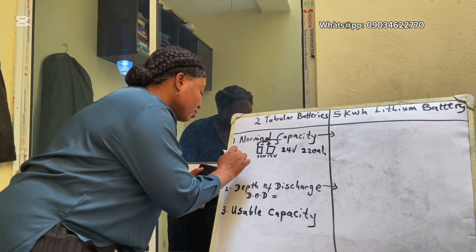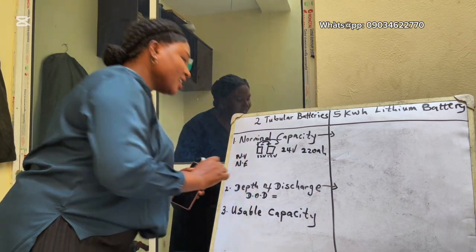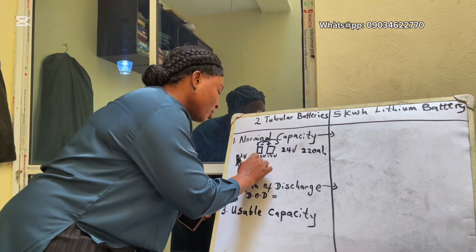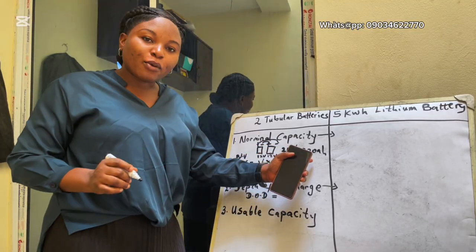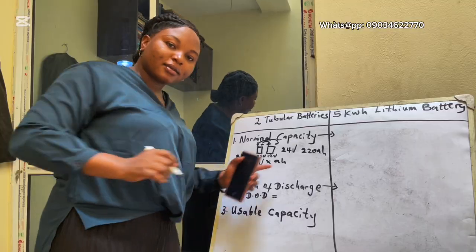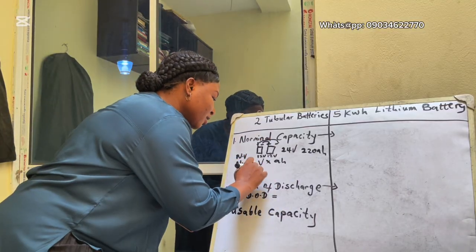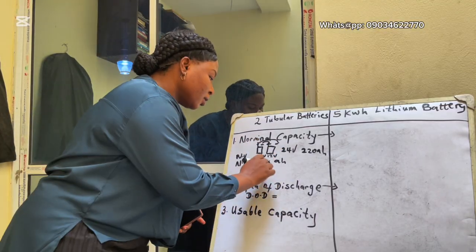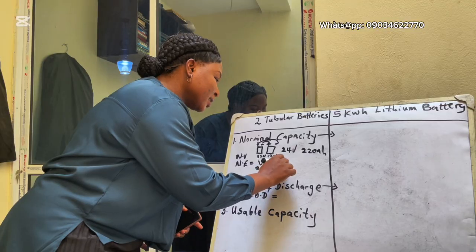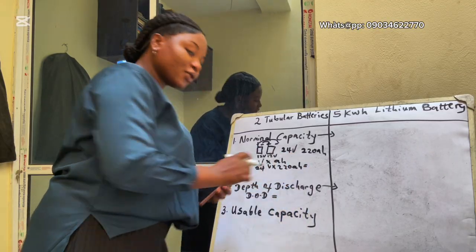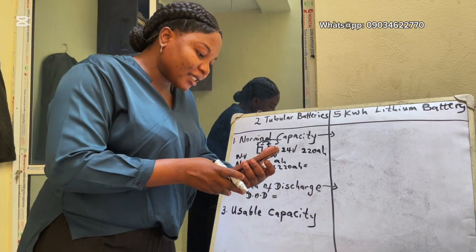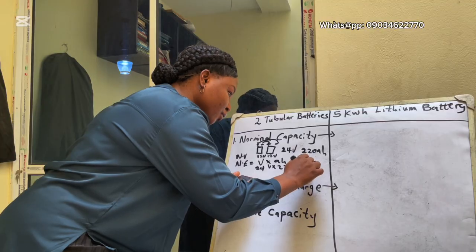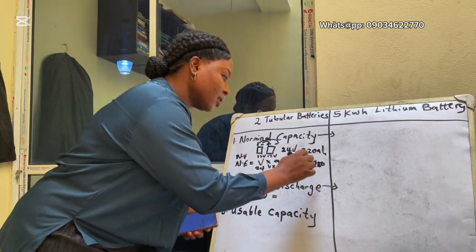Now to get the nominal energy, NE, you say nominal voltage multiplied by the nominal capacity. The nominal voltage is 24 volts multiplied by 220 amps. So what are we going to get? We're going to get 5280.